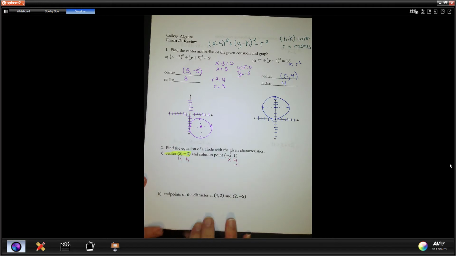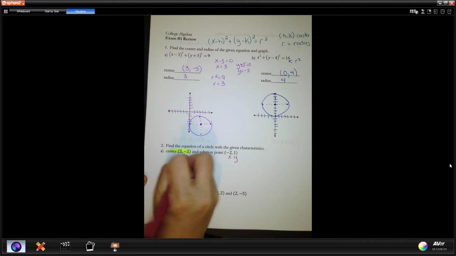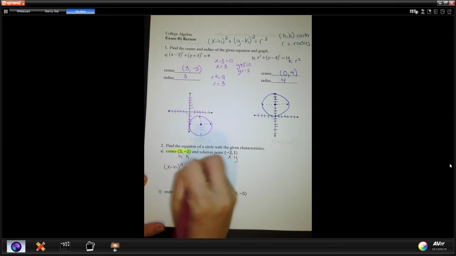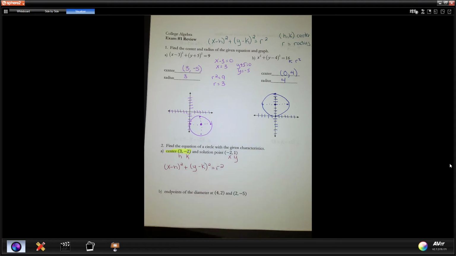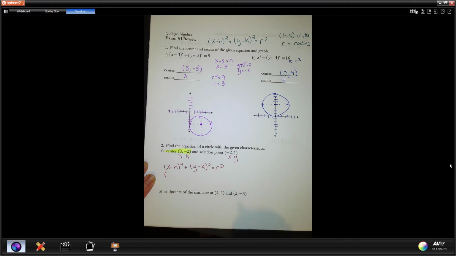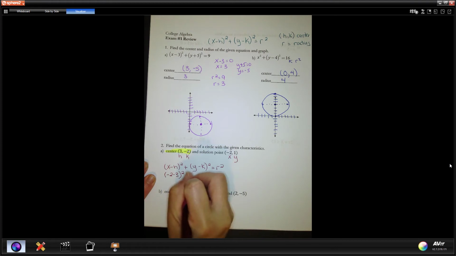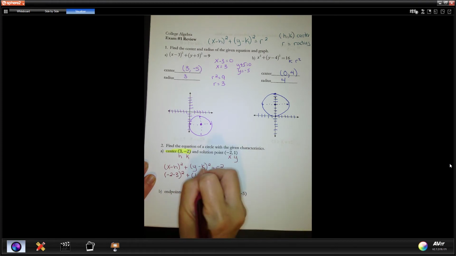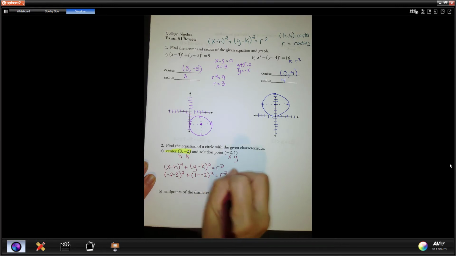So we're just going to plug this into the formula for our circle: (x minus h) squared plus (y minus k) squared equals r squared. What we're going to be solving for in this case is r squared. So we are just going to plug these values in. We have (negative 2 minus 3) squared plus (1 minus negative 2) squared equals r squared.